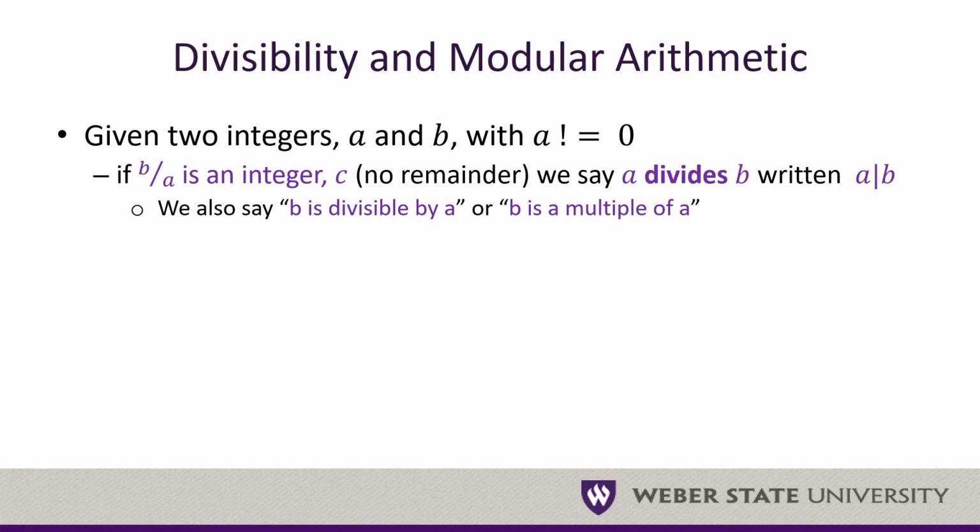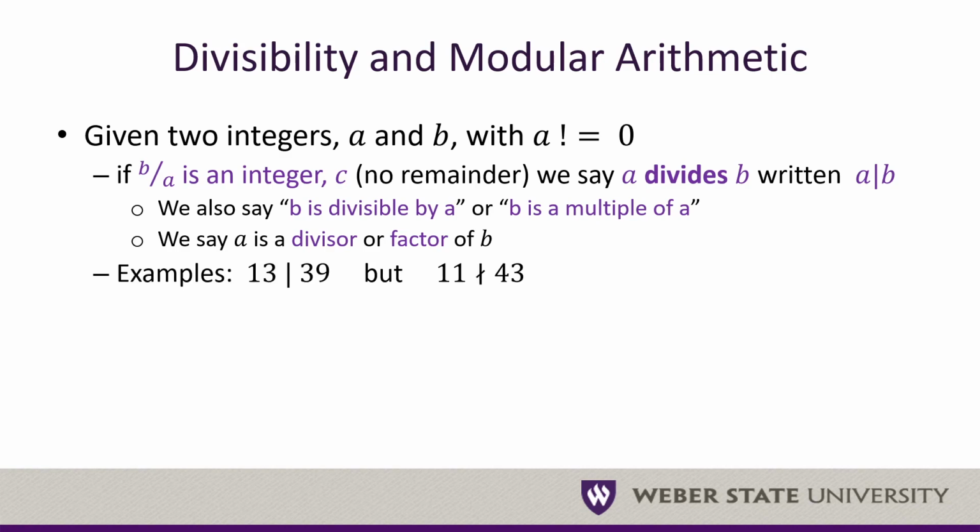So a divides b. Give me the little vertical bar here. That's one of the things that we don't normally use. We can also say that a is a divisor or a factor. So that means a times c is going to equal b. So a is a factor of that particular value that it divides.